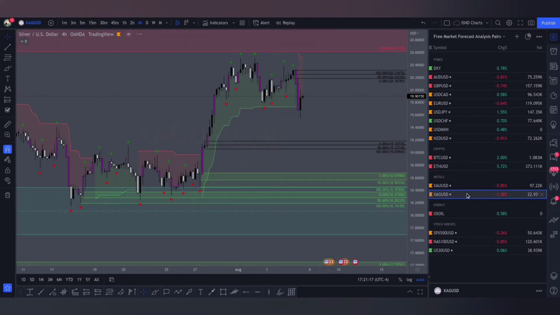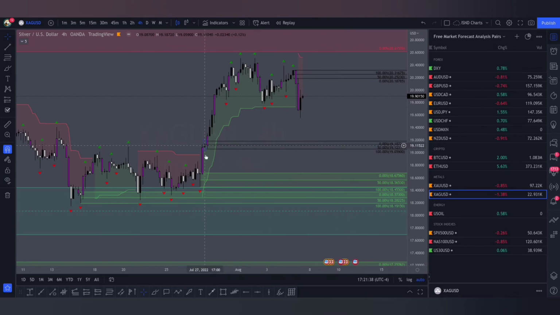All right, taking a look at silver, short-term currency bias for silver is consolidation. Supply is definitely in control right now, so I would be looking for silver to retrace back up into this unmitigated 4-hour supply and look to trade this down.